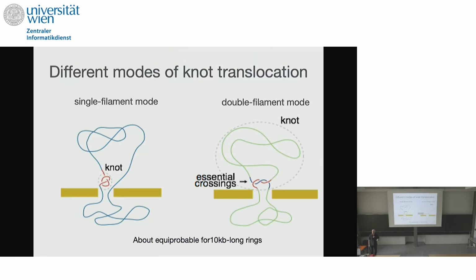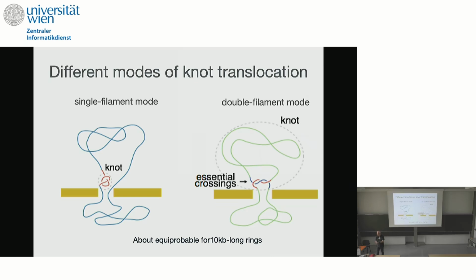And on top of that, there are various modes by which knots can translocate. They can be tight, as you saw in the simulation, but they can also present themselves in about 50% of the cases in this other geometry here. It also gives the same signal because essentially you have all the crossings, what I call essential crossings, still localized in space.